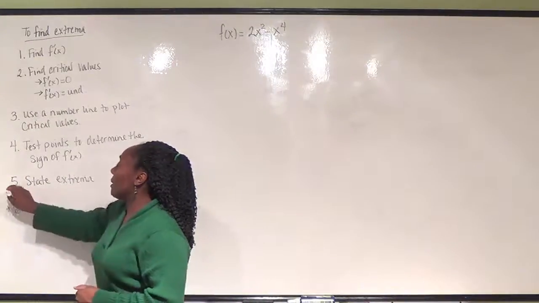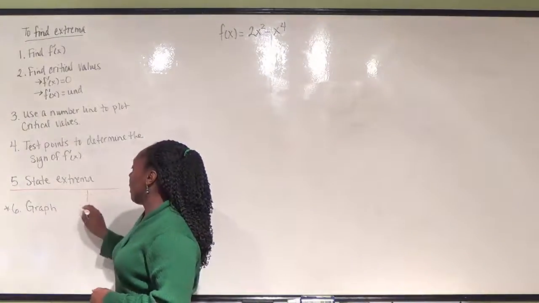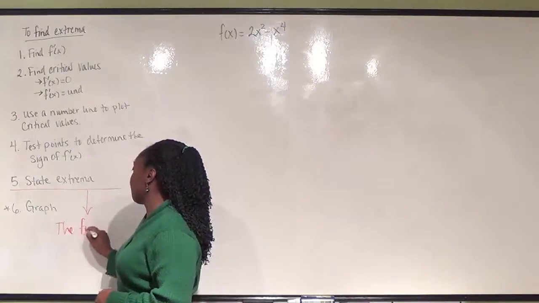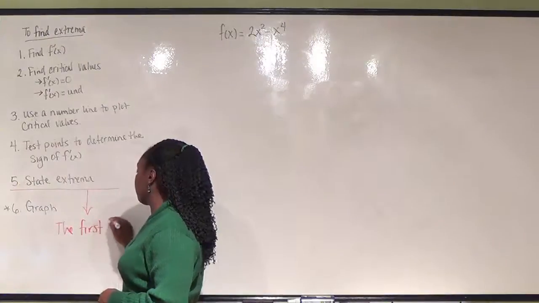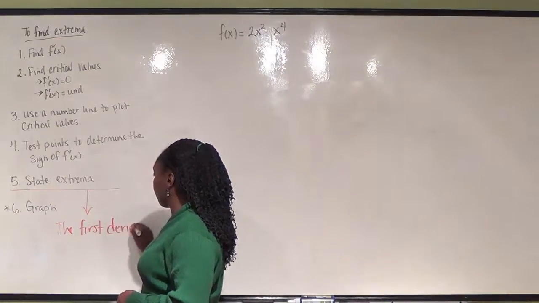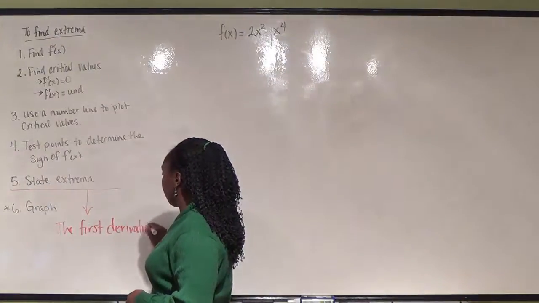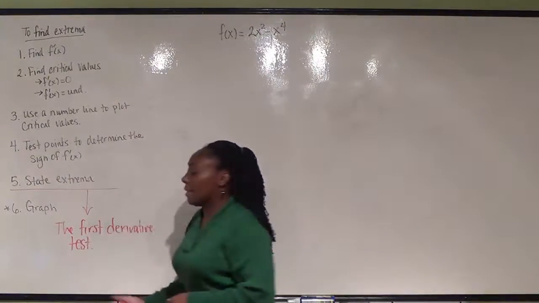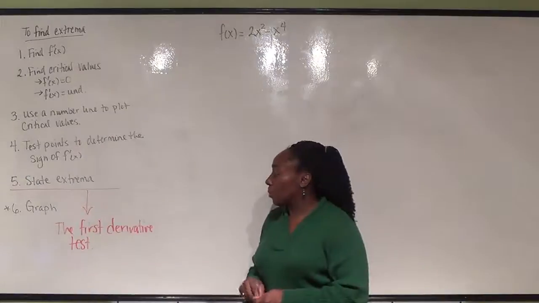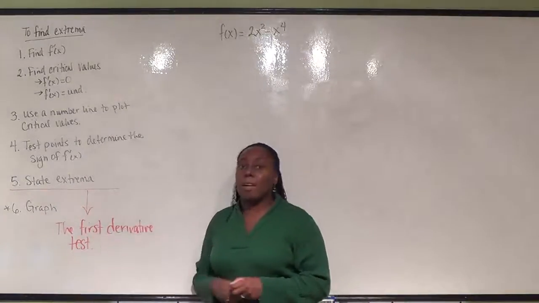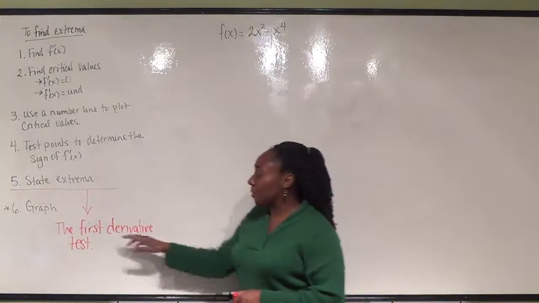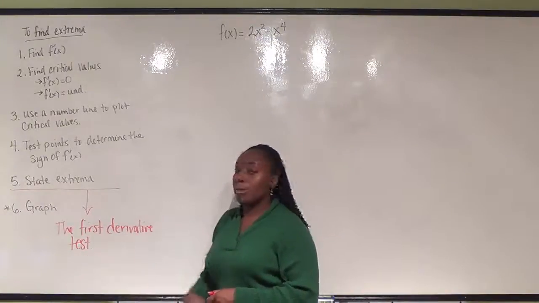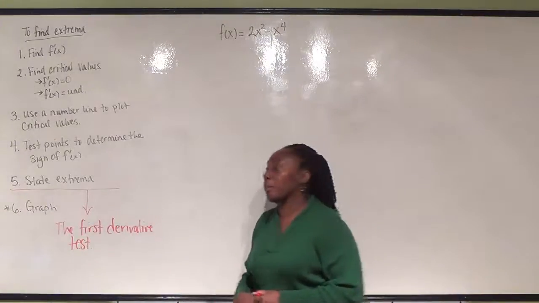If I'm looking at steps 1 through 5, this is what we call the first derivative test. And as I said, we're going to do more later on, so we'll talk about other tests. But for now, the first derivative test is the one in which I use the first derivative to figure out or test where my extrema are.